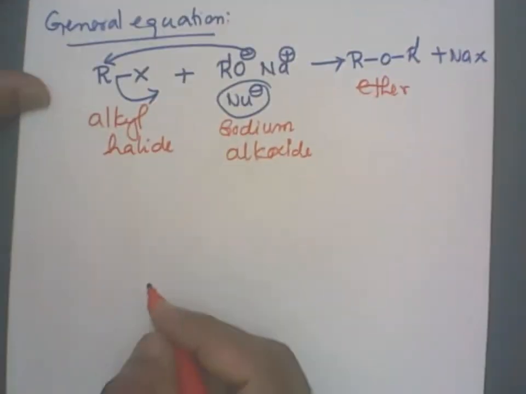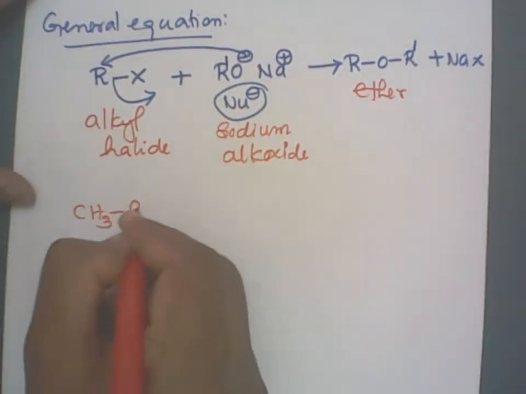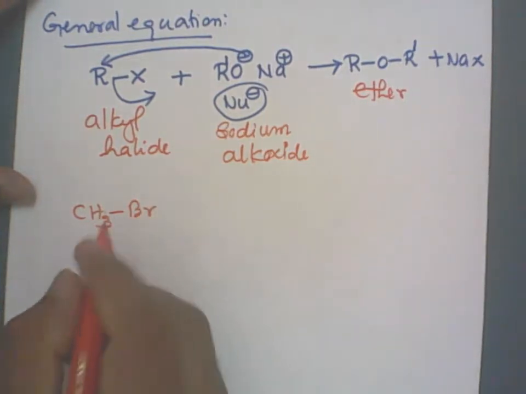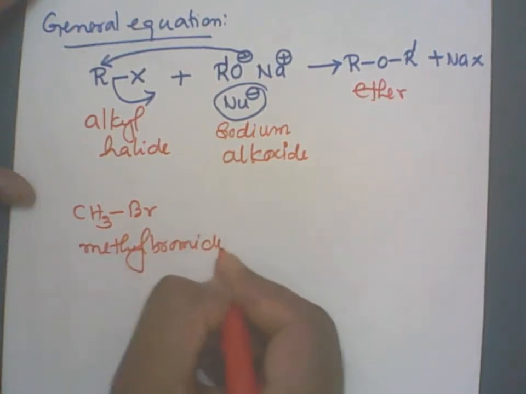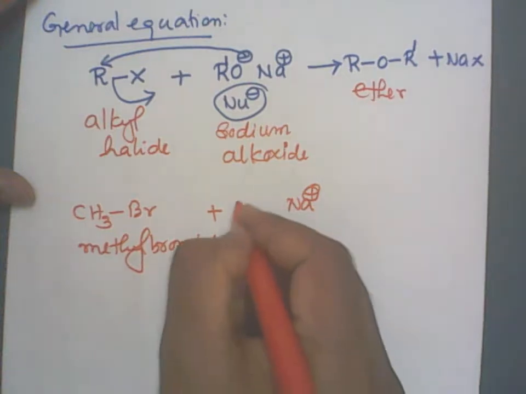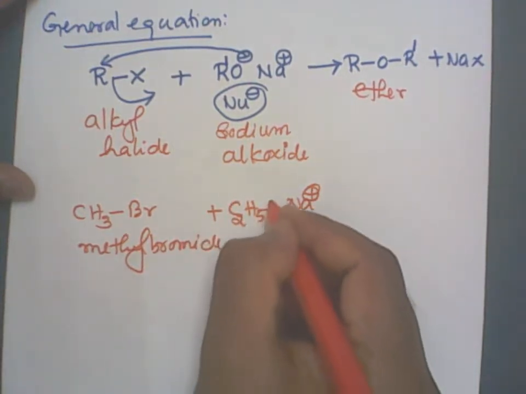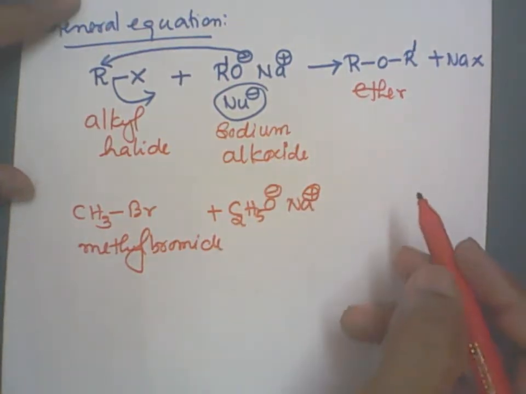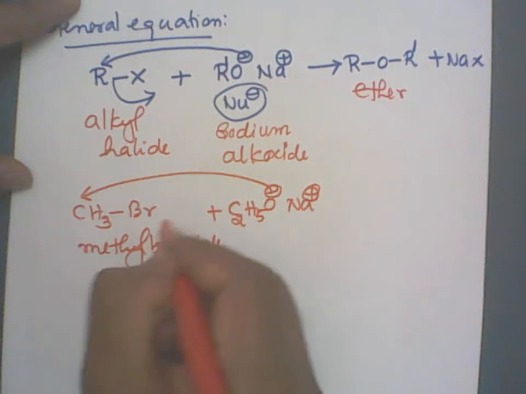Correct? Now let me take the example. Let me take CH3Br, methyl bromide. Methyl bromide reacts with sodium ethoxide, the sodium salt of the alcohol, C2H5O minus. The nucleophile attacks the carbon atom and Br goes out.